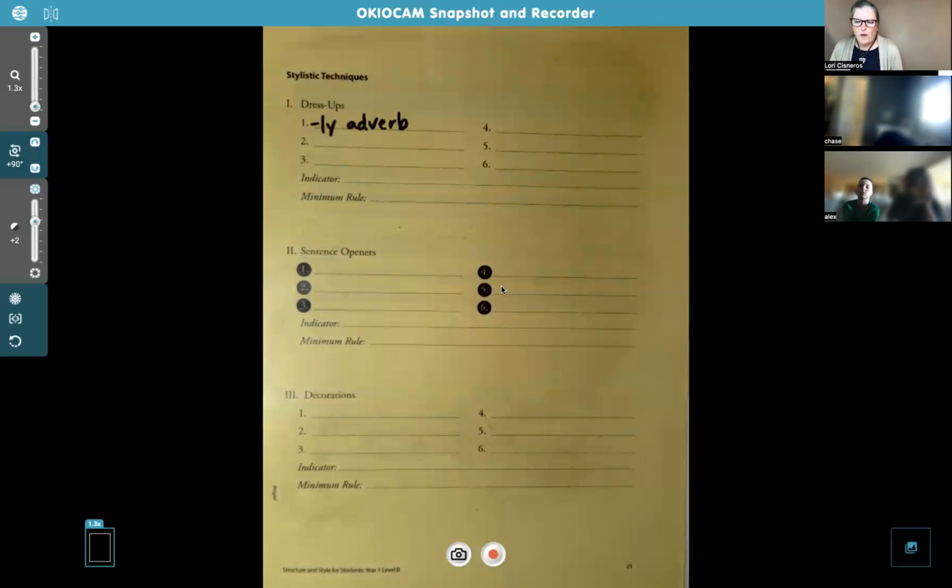But remember, ly adverbs, we've done them in grammar a little bit, where you look for a verb, okay, a good solid action verb, like, let's think of a good one. It's funny because the first word that comes to mind is chased, and we have Chase in the class.